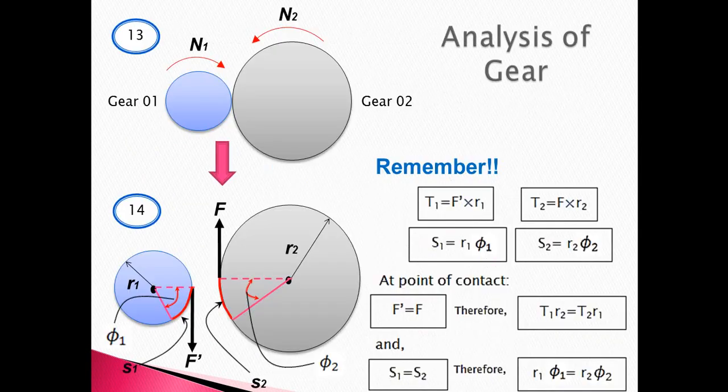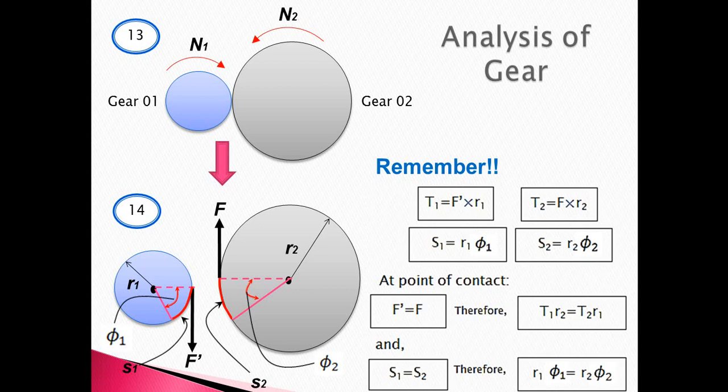Analysis of gear. Let's closely look at the two gears, gear 1 and gear 2 in picture 13, which are in contact and rotate at speeds n1 and n2. Note that the gears contact at one point during operation.